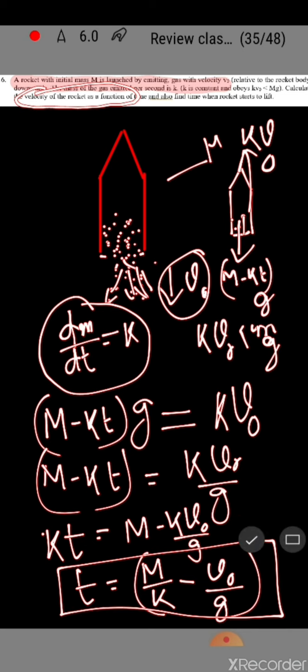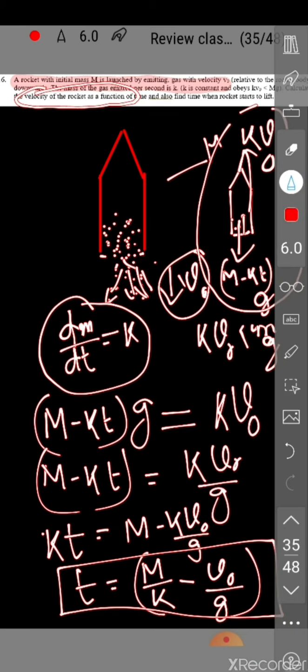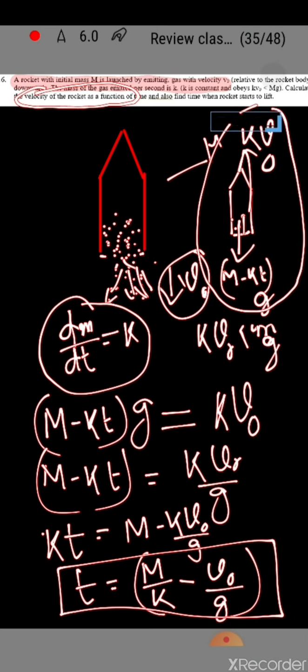Now we'll see what else is there: calculate the velocity of the rocket as a function of time. To calculate velocity, we require first acceleration, and to get acceleration we require the net force, and to calculate net force, what do we require? We require the free body diagram, and we have drawn the free body diagram. Based on this free body diagram, we'll be writing the equation of motion.